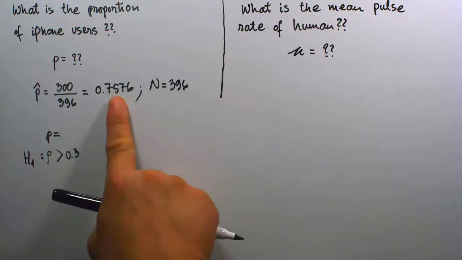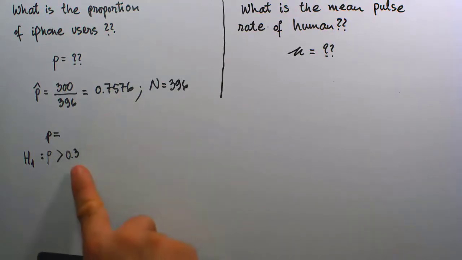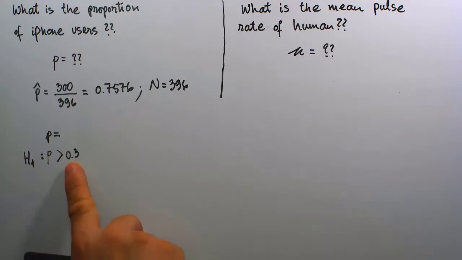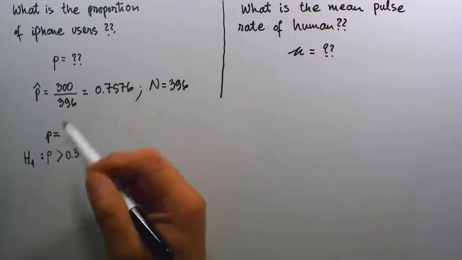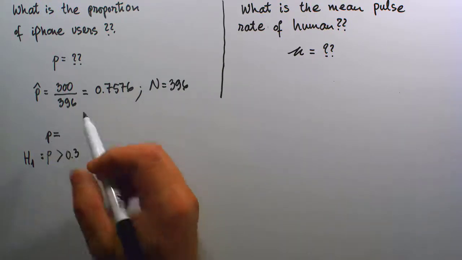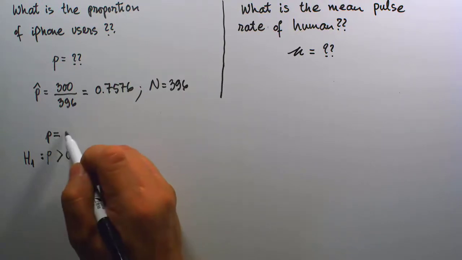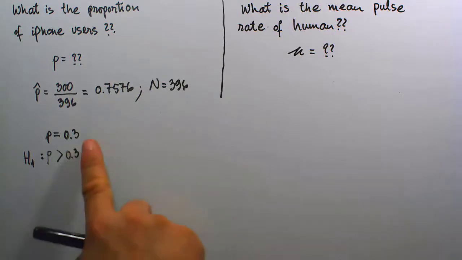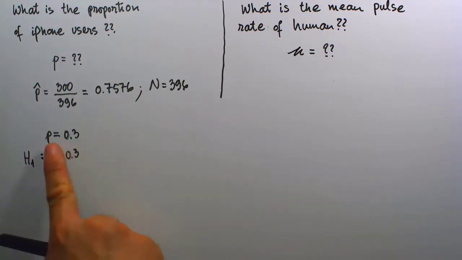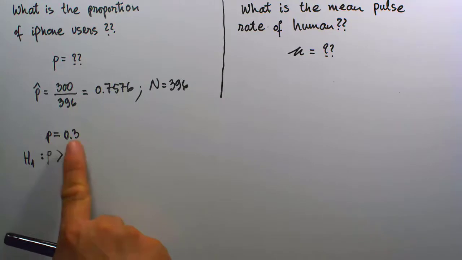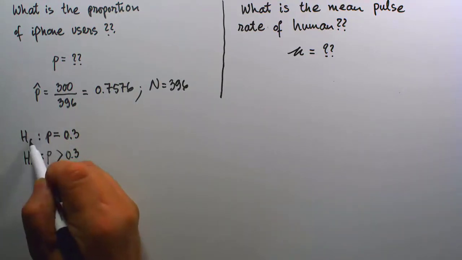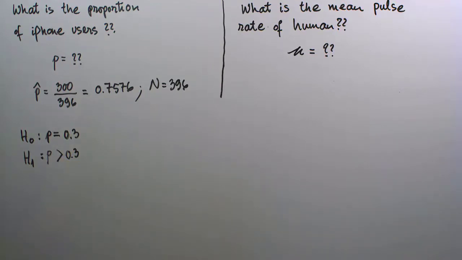The reason we compare our current sample value with 0.3 and try to prove that the general proportion of iPhone users is above 0.3 is simply that. Once we identify that somebody must have claimed that P equals 0.3, that statement can now be regarded as a null hypothesis.